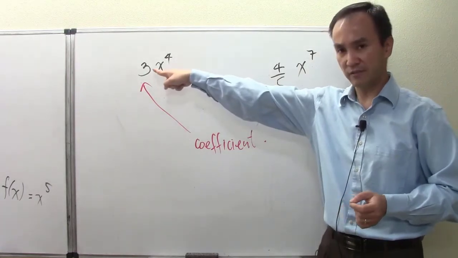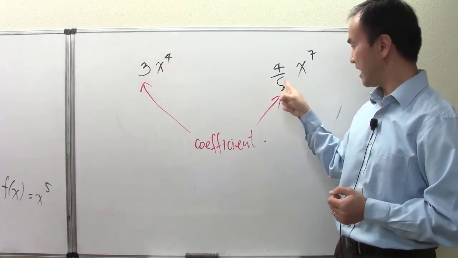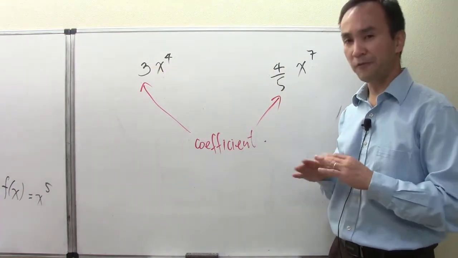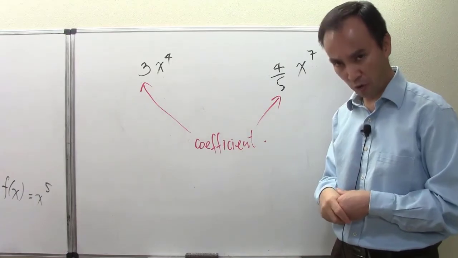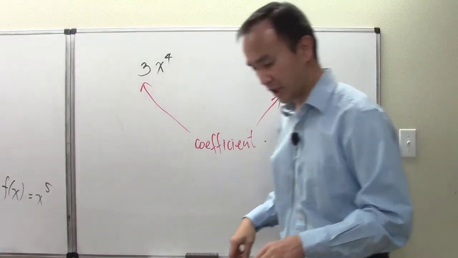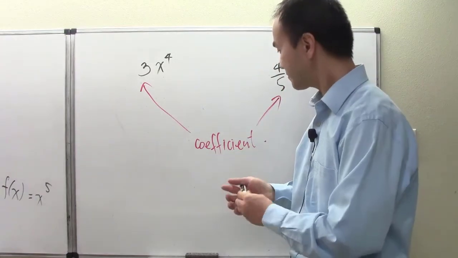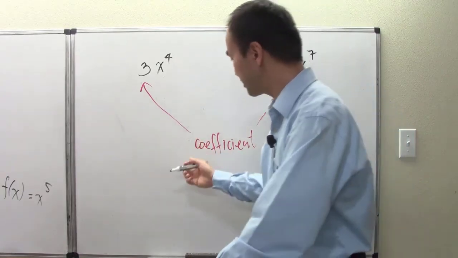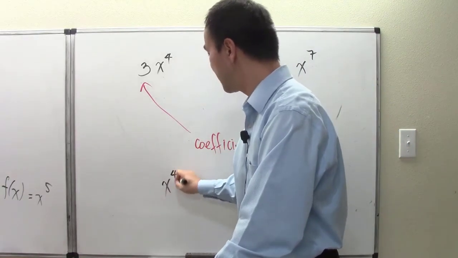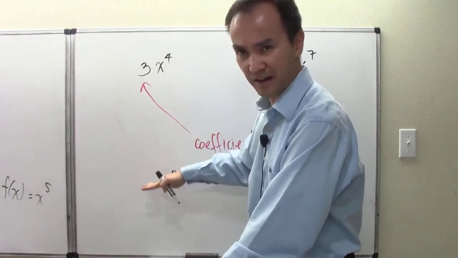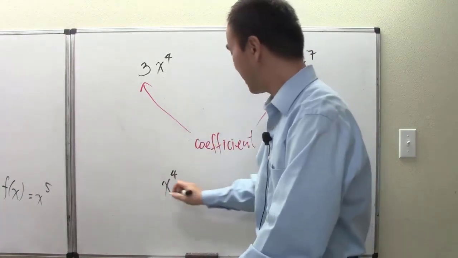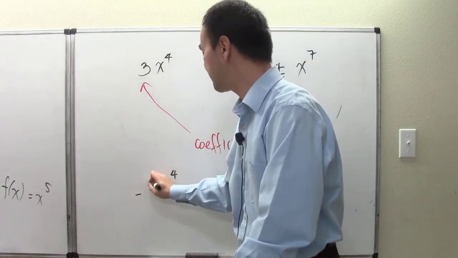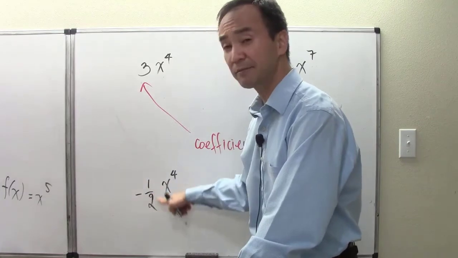So here I have a coefficient positive 3. Here I have a coefficient 4/5. A coefficient does not have to be a whole value only. In another case, with the same x to the 4th, the same power function, which I selected as a random selection, I can also multiply with a negative 1/2, a negative coefficient.